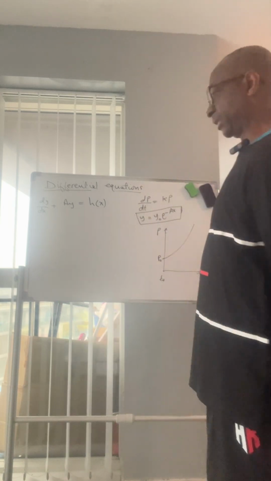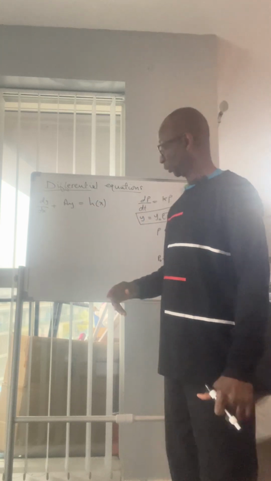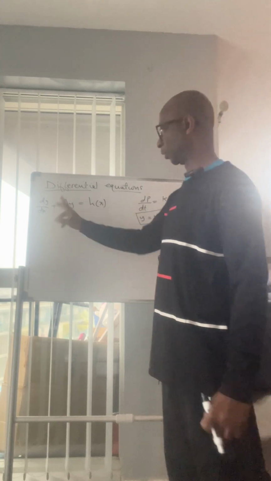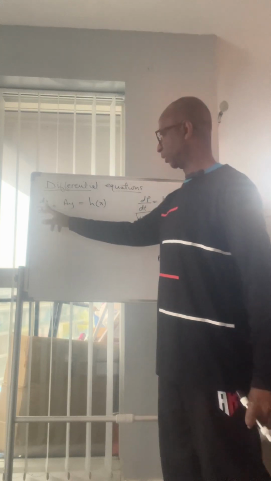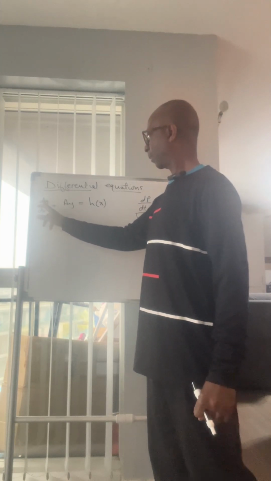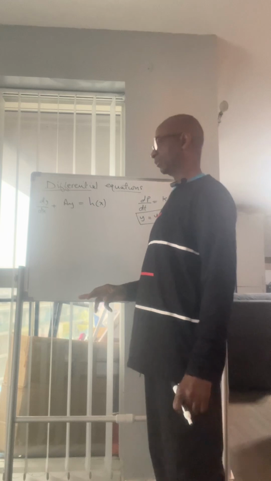We have classified differential equations. When you see this one, you can tell that this is a first order differential equation. Why? Because the exponent of the differential here is raised to the power of 1, so it's first order.